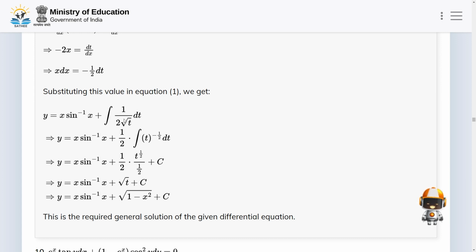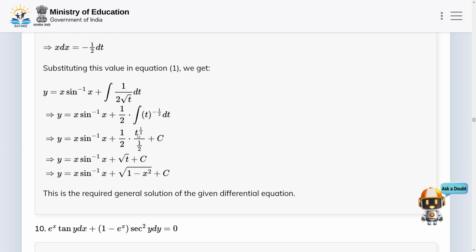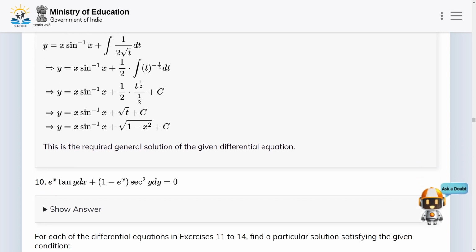This can be easily done. Integration of 1 by root t is t power half divided by half. This can be cancelled. So you are only left with y is equal to x sin inverse x plus root t plus some constant. This means y is equal to x sin inverse x plus root of 1 minus x square plus some constant. Clear? So this will be your required general solution of the given differential equation.